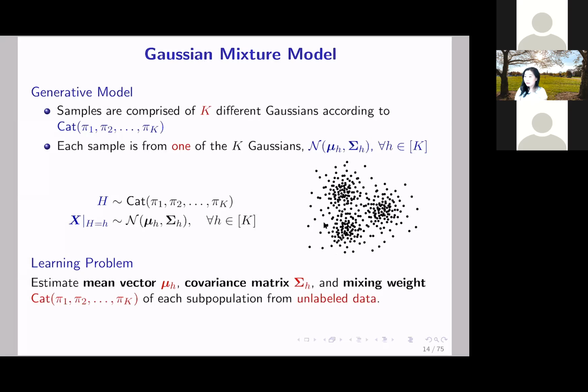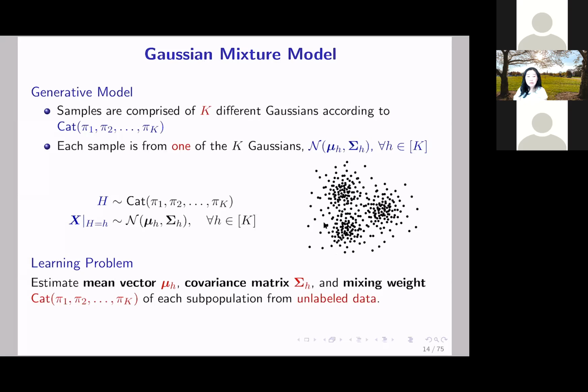But for the simplicity of today's lecture, let's assume that I give you the true answer for capital K, so you know the number of subpopulations here. Even if you know that, which seems a simplified version of the learning problem, it's not so simple.